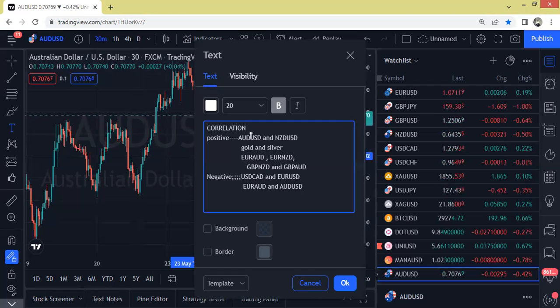So what I mean is AUD USD, remember it has AUD at the left-hand side, and Euro AUD has AUD at the right-hand side. So they go negative.